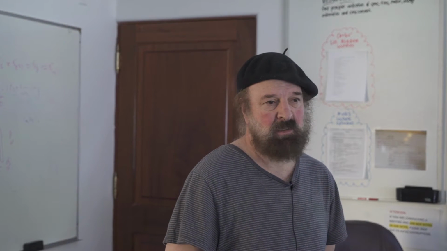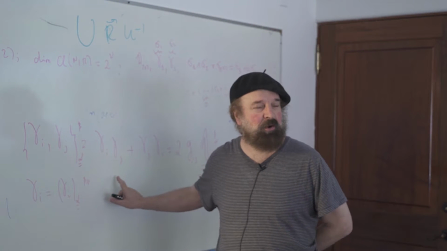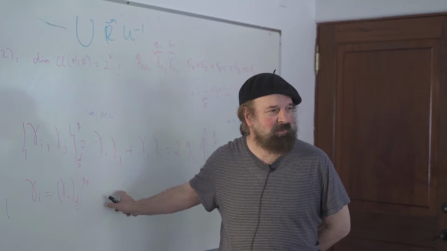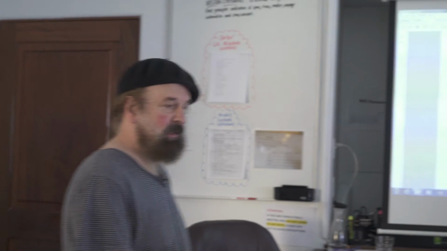This algebra is invariant under a similarity transformation, an automorphism. You can replace the gamma generators by other gamma generators, and still they satisfy the same algebra. It's like having a matrix and you find a different representation, but the algebra should remain the same. Okay, can I proceed? Yeah.